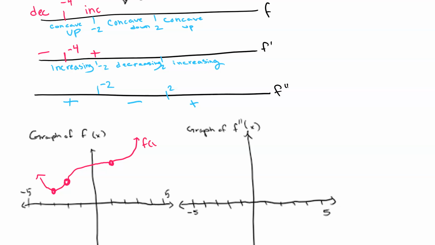So that's our graph of f of x. All right, our second derivative graph, we've got -2 and 2 is the spots where our second derivative equals 0. We're positive to the left, negative in between, positive after. All right. That's all, folks.